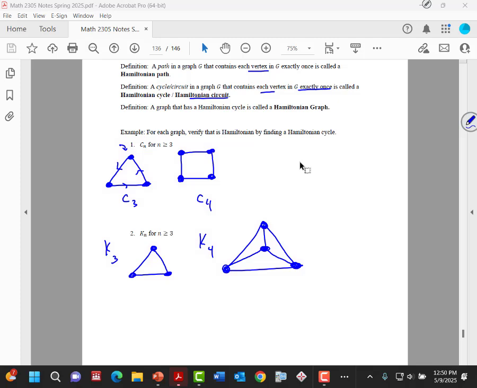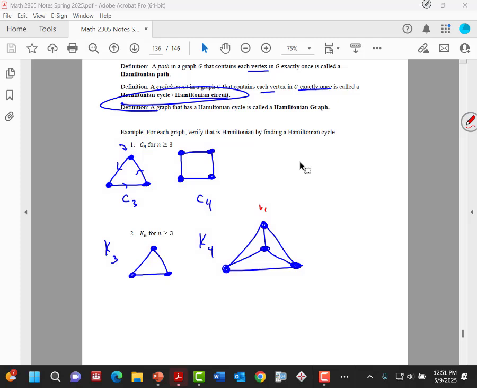So I want to attempt to draw this graph, and it's important when assessing a graph's Hamiltonian capability, I don't have to use every edge. I only have to visit each vertex once and only once. So let's start here.